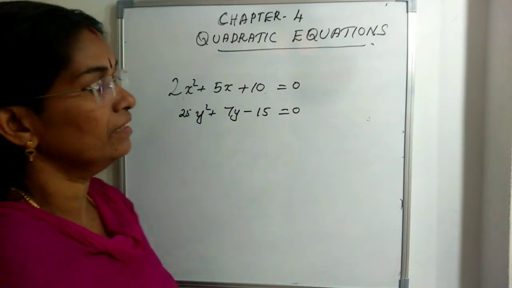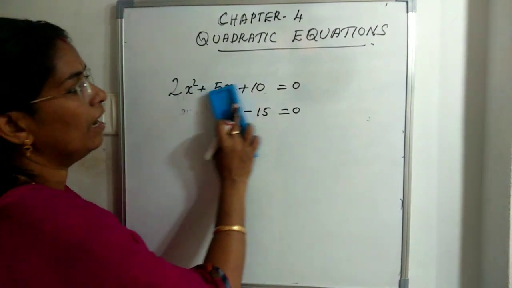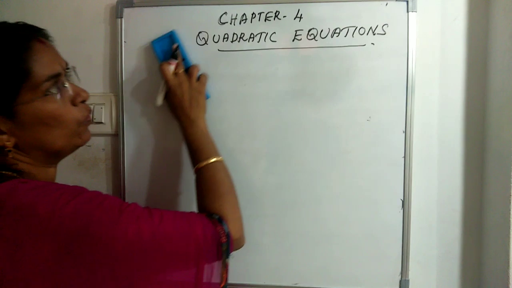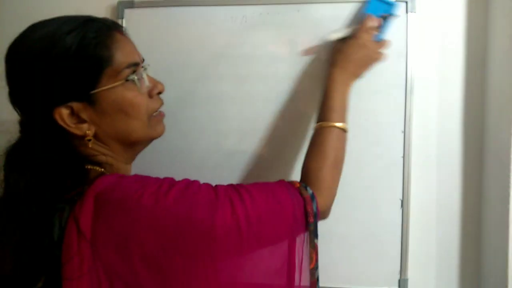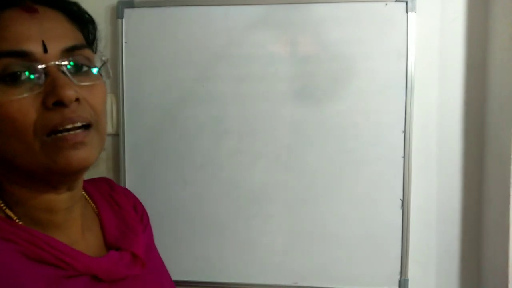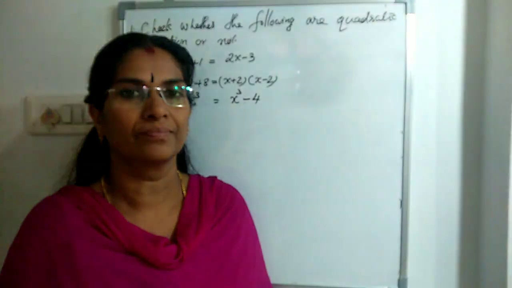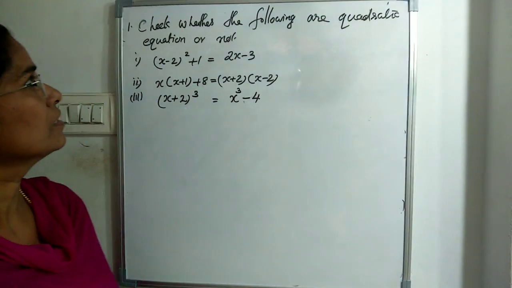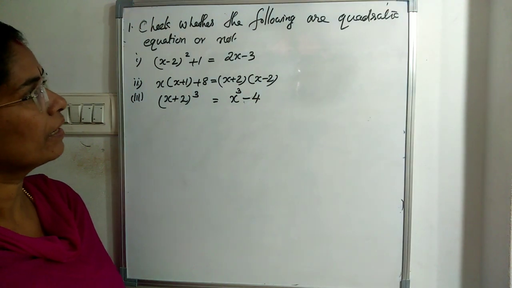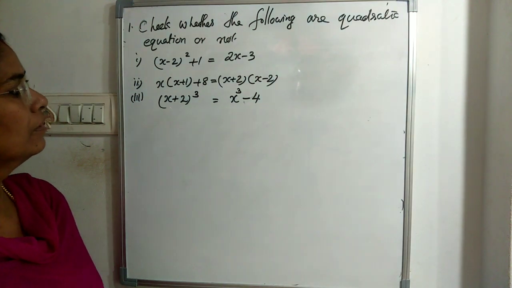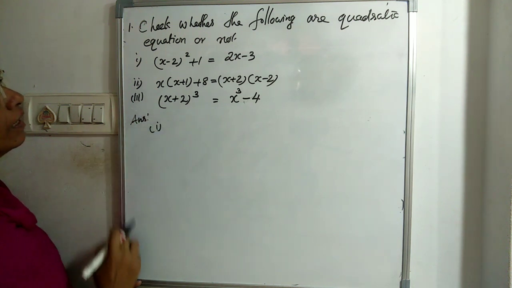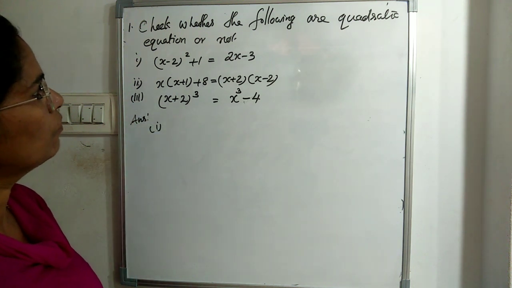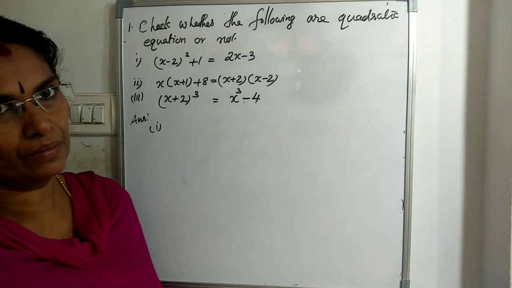Now, our question: check whether the following are quadratic equations or not. That is the first question in this chapter. First model. This is our first question. So the first one here: x minus 2 whole square plus 1 equal to 2x plus 3.